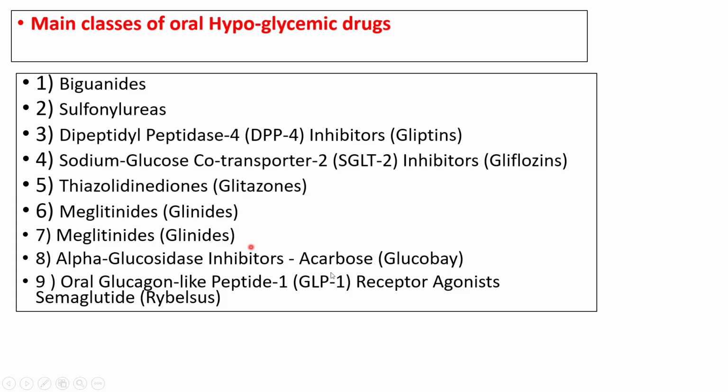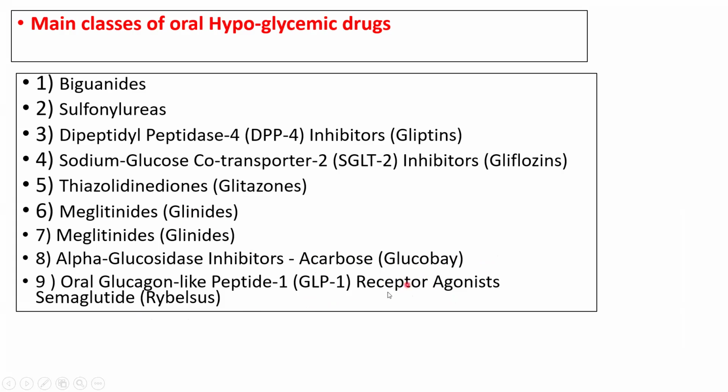Please write down. Acarbose, commonly used. Acarbose glucobay, commonly used. Next, GLP-1 receptor agonist.